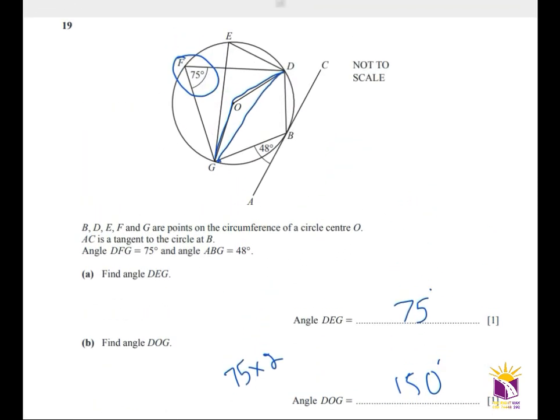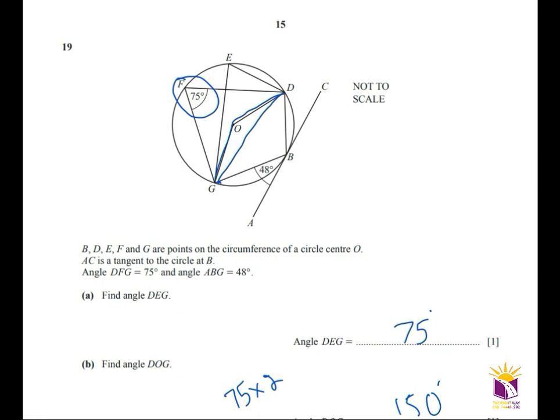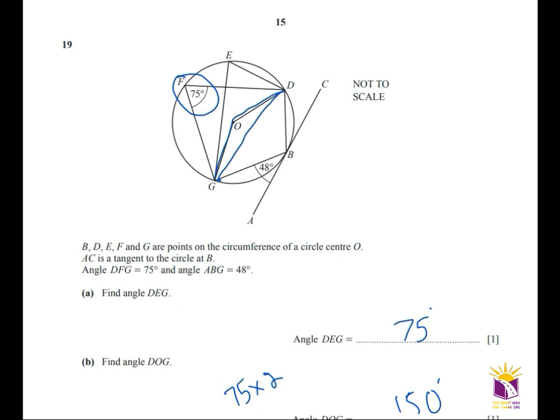Find the angle DBC. From the quadrilateral GFDB, we know that the opposite angles of a quadrilateral add up to 180. So 180 minus 75 will be equal to 105.